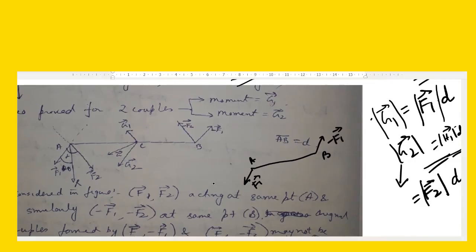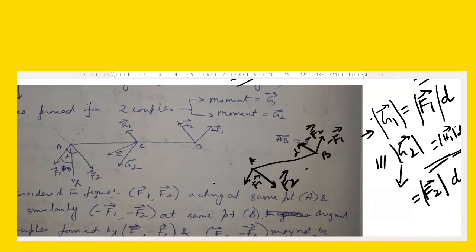Initially, D is the perpendicular distance between the two, which gives you G1. Now I replace this other couple, H1 and minus H1, which might have been at some other place. I am not considering it. Instead, I am considering these two forces suitably at these points, say F2 and minus F2.